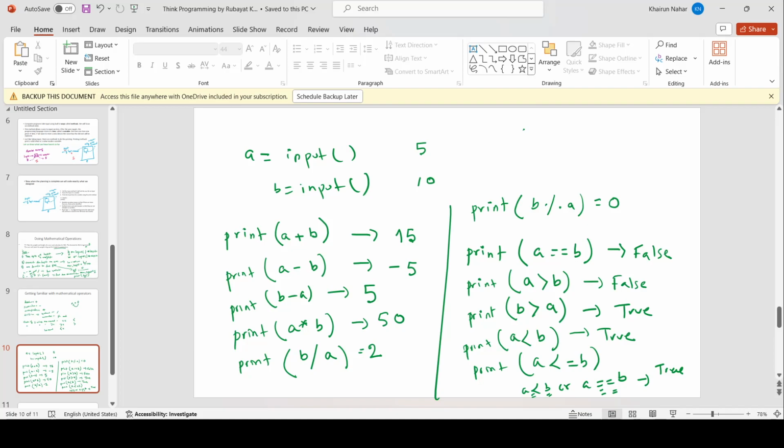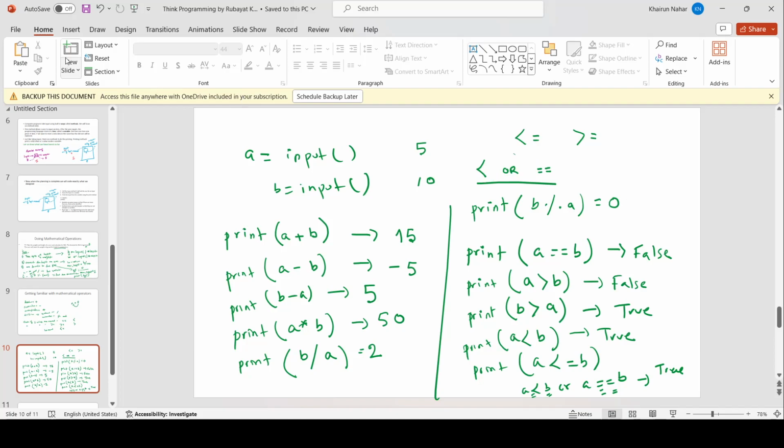Again, for less equal and greater equal, two checks are done at the same time. That is, if two values are less, or if two values are equal. And in order to be true, one of these has to be true, or both can be true. But in order to be false, both of the conditions have to be false.